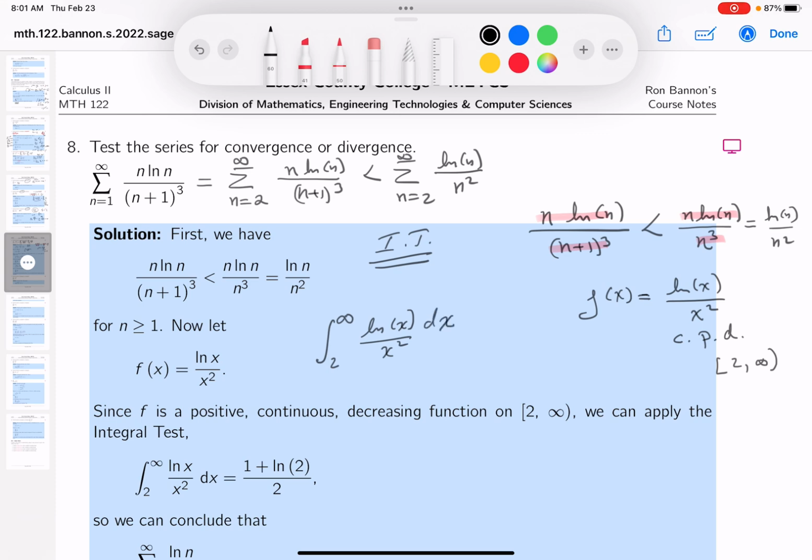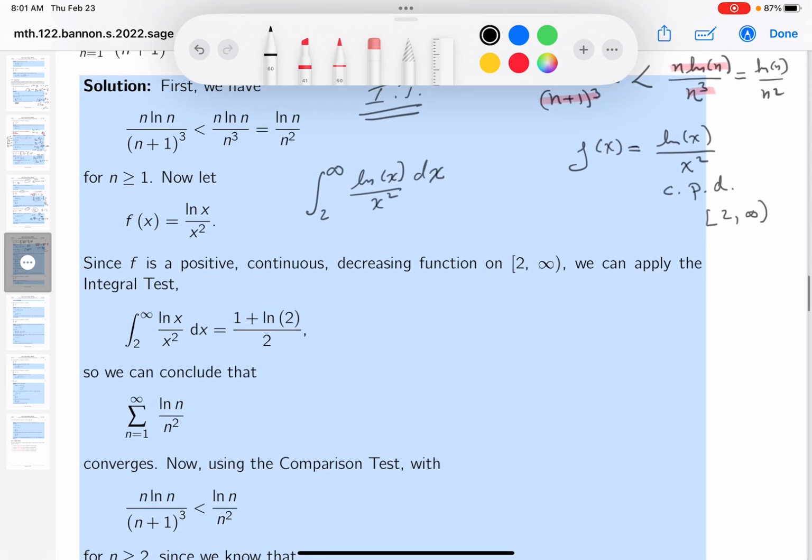All right, I've got troubles right now: can I integrate that? So I'll put this on the side, and write ln x over x squared dx, and I'm going to try to do it by parts.